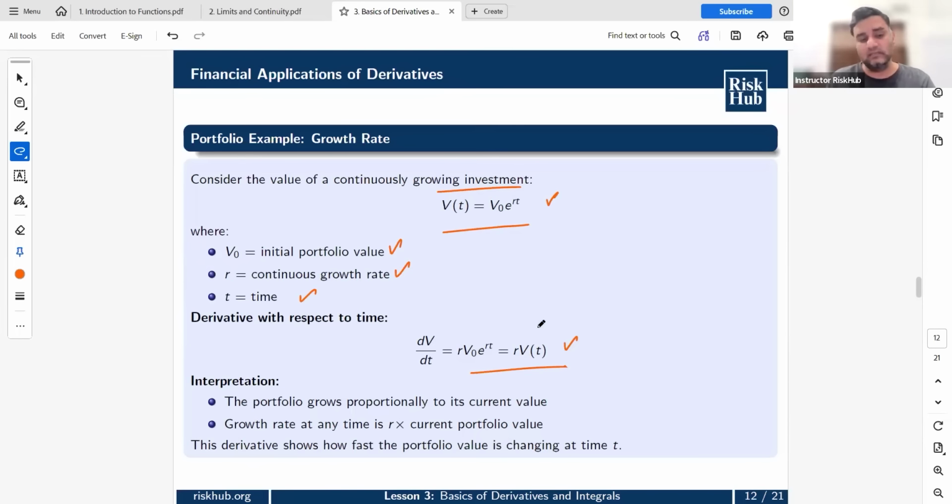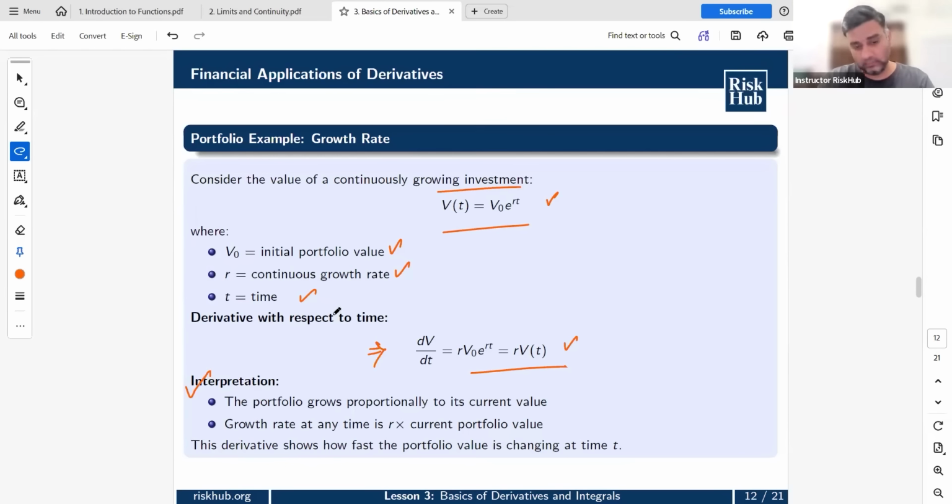Just for your knowledge, when we take the derivative of e^(rt), r comes ahead, giving r e^(rt), and V0 remains the same. So dV/dt becomes rV(t). What we get after taking the derivative is the basic idea: the growth rate of the portfolio is proportional to its current value.